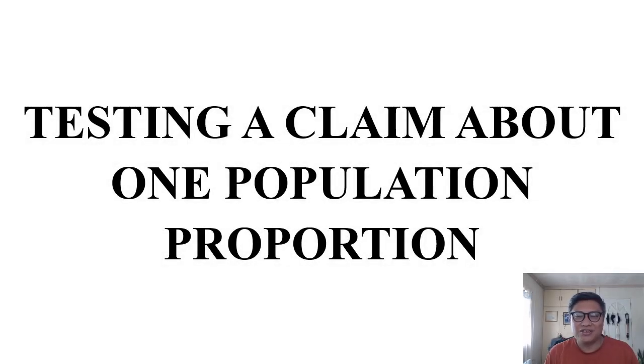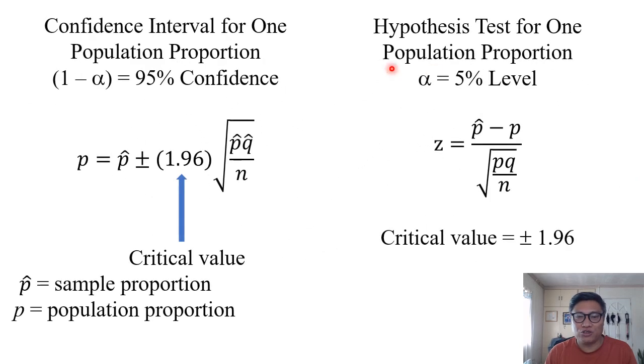So for these presentations, we are going to talk about hypothesis testing given a proportion or percentage. So going back again to your confidence intervals for one population proportion, let's say at 95% confidence.